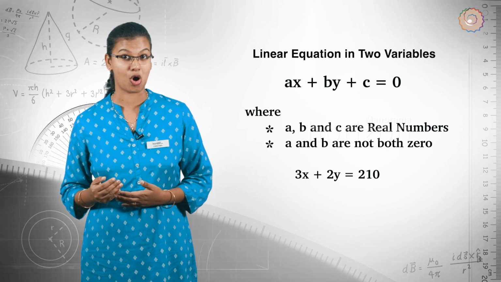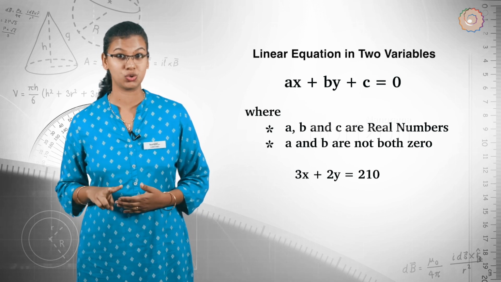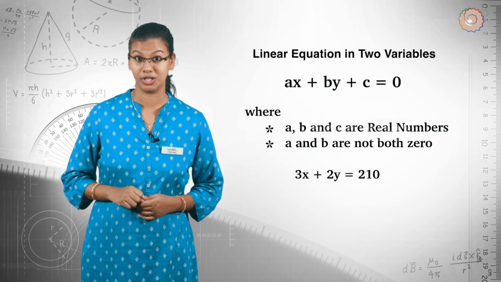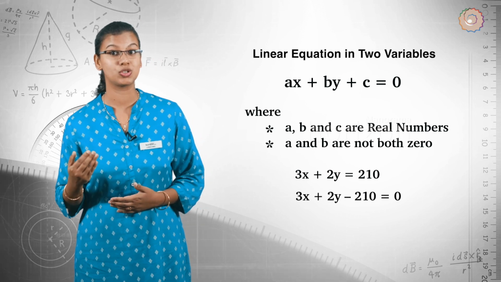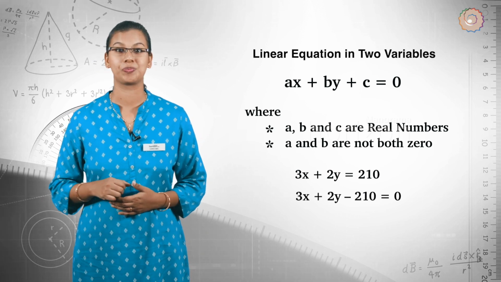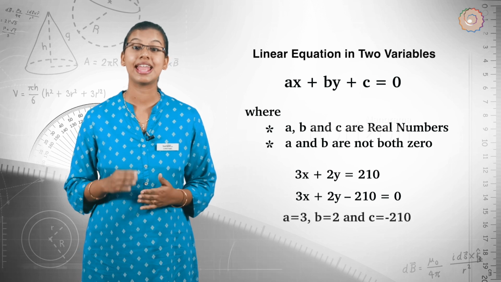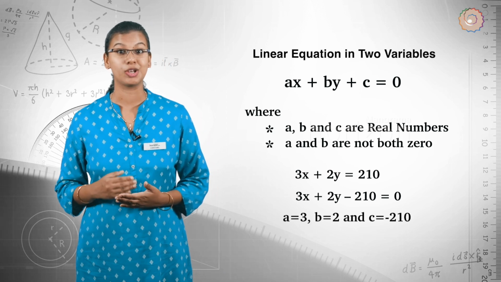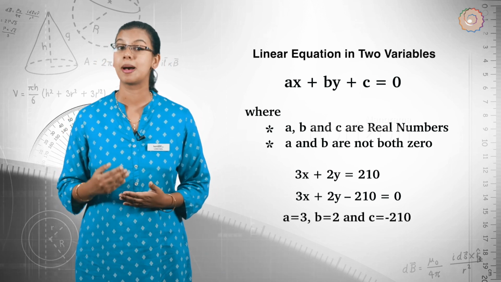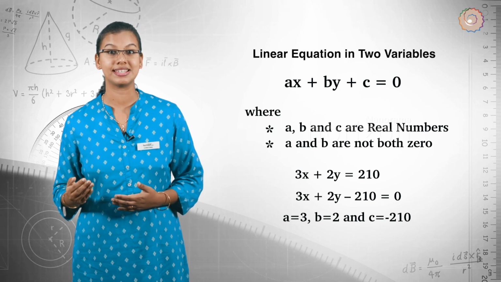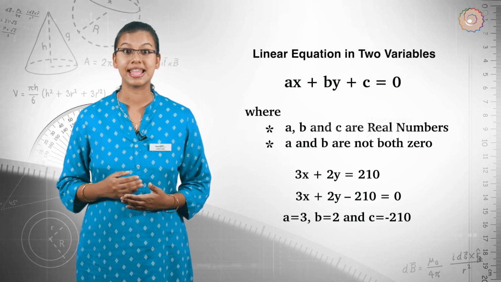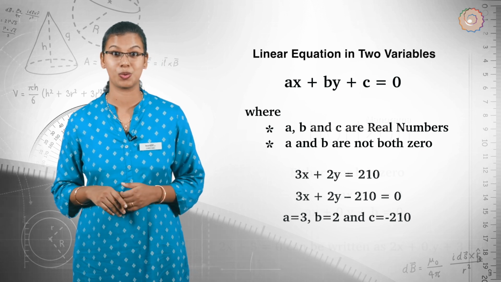Comparing with the standard form of the linear equation in two variables, we can write the polynomial as 3x plus 2y minus 210 equal to 0. Now we can say that a equals 3, b equals 2 and c equals minus 210. So here a, b and c are real numbers, and a and b are both not 0.